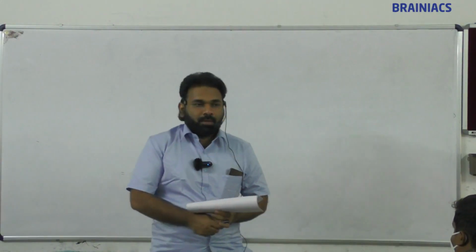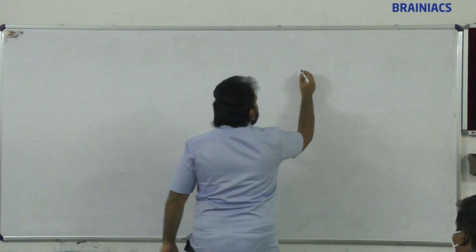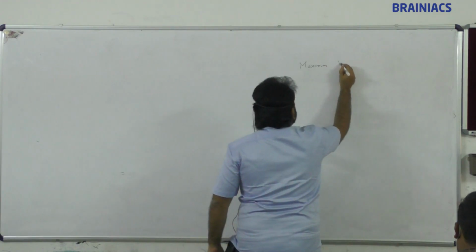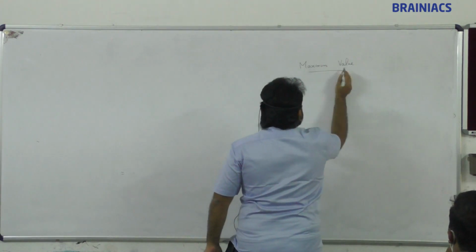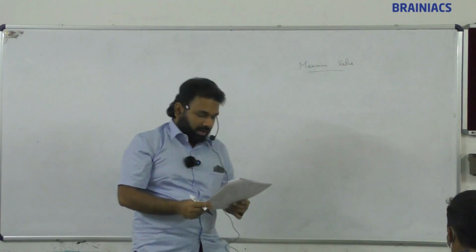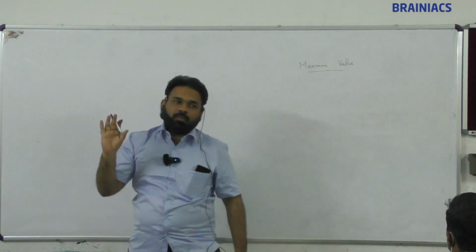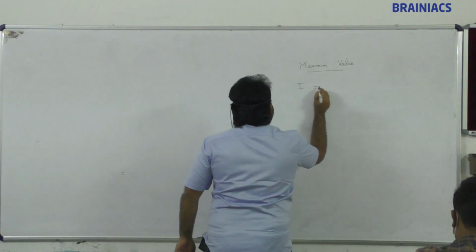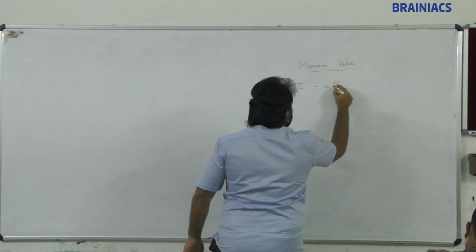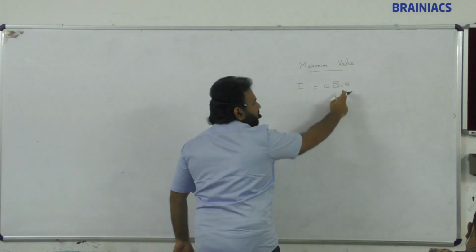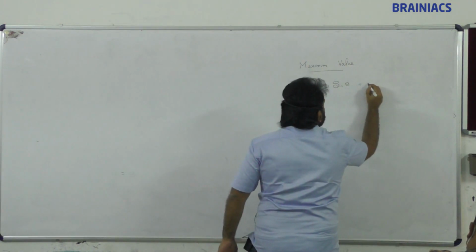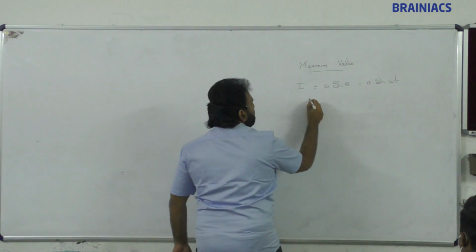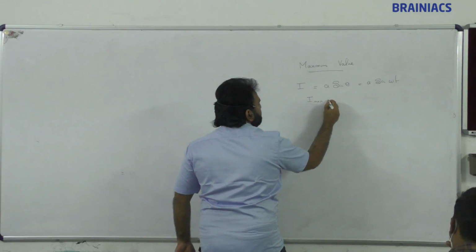Students, so see, to find the maximum value of something, suppose we have functions like a sin omega t or a sin theta, there is no confusion. For example, I is equal to a sin theta, theta is same as omega t, so a sin omega t, then I max is going to be what?